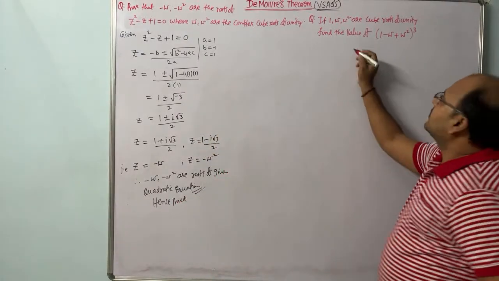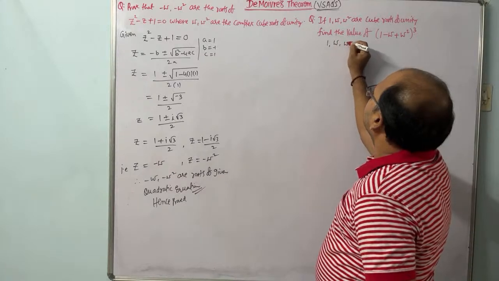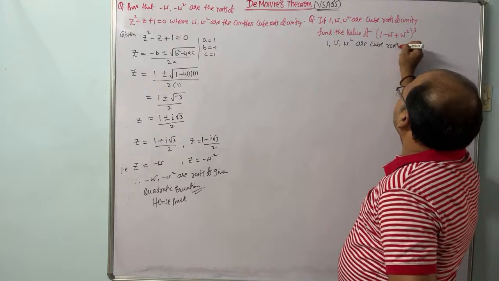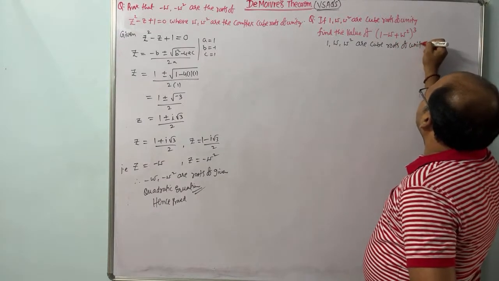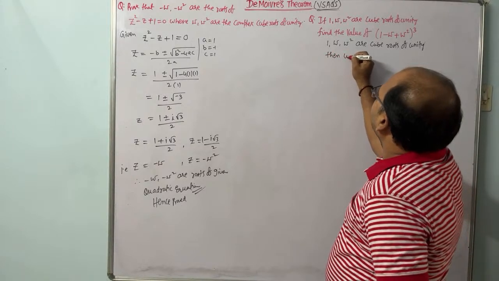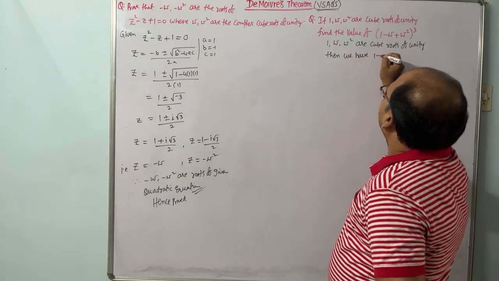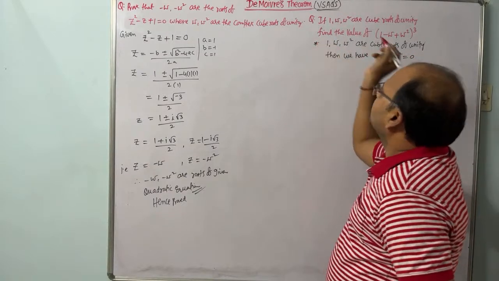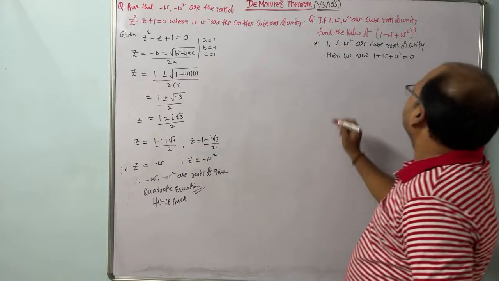If 1, omega, omega square are cube roots of unity, then we have 1 plus omega plus omega square equal to 0. This is the first thing I am showing.